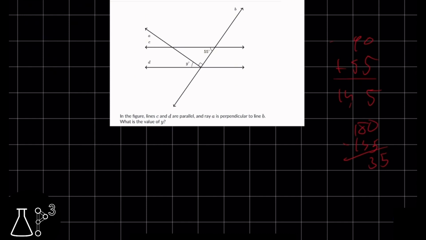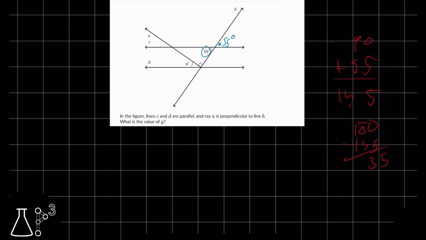To understand that, because this is 55, every time you have an angle, like let's say this is 60, the opposite of it, down here, will be 60 as well. So in this situation, if we have 55 on one side, the other side over here will equal 55 as well.